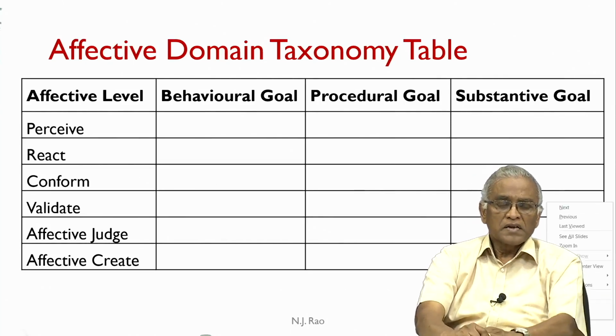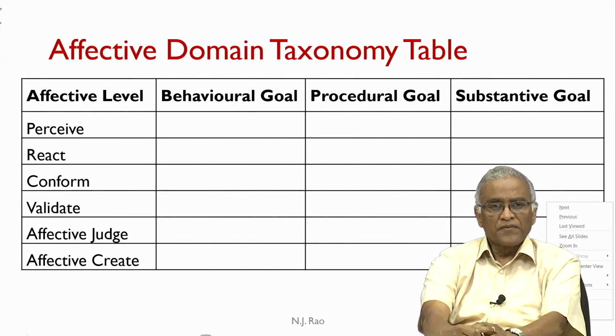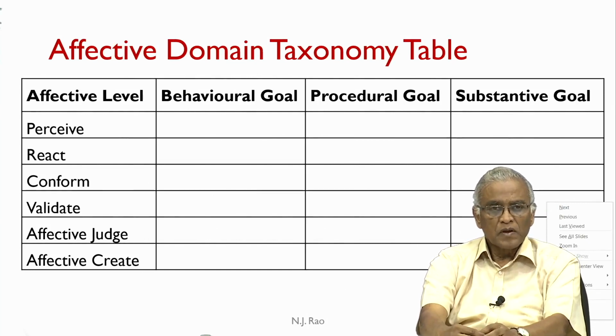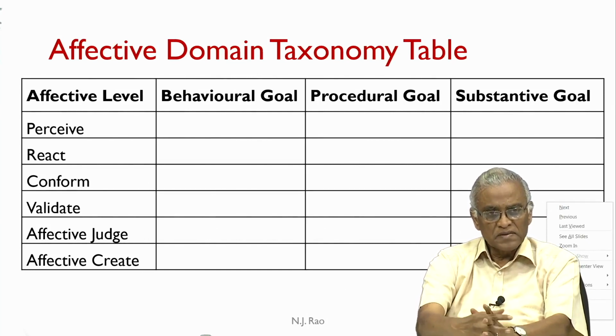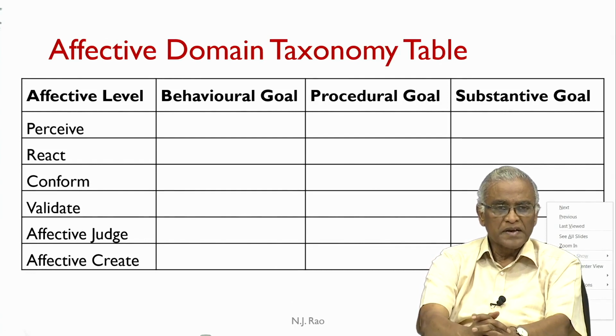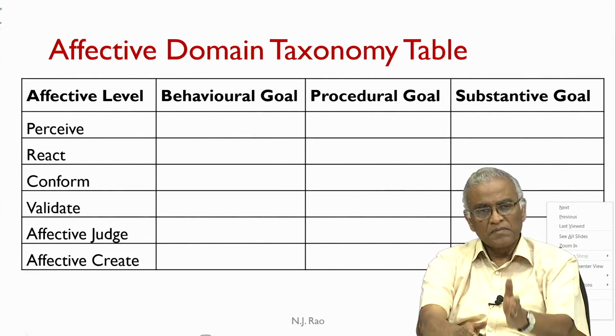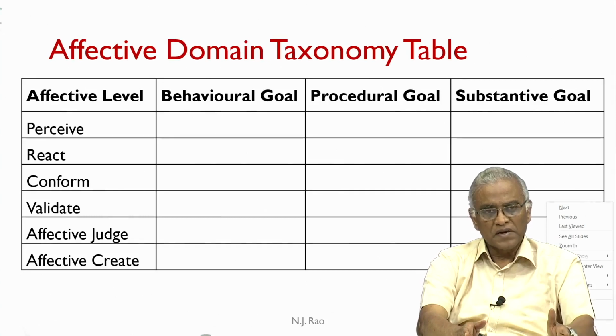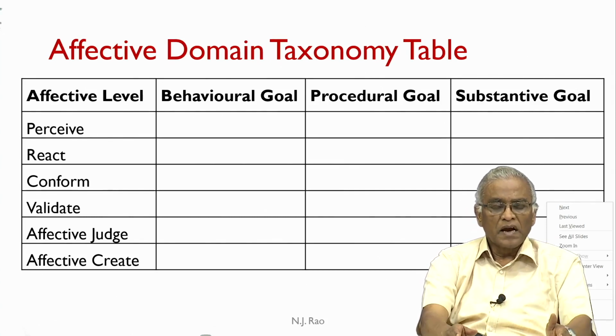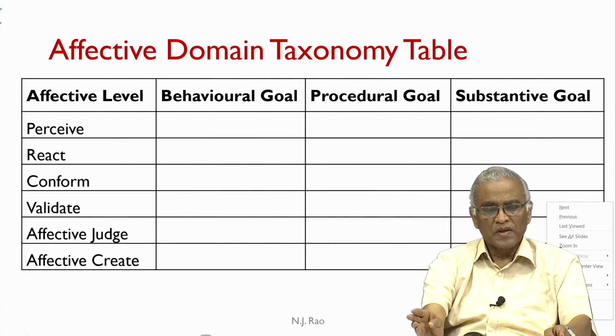We have another type of taxonomy table for the affective domain. So, you have affective levels, we call them perceive, react, conform, validate, affective judge and affective create. There is the same level of hierarchy that we had with the cognitive domain, and here there are 3 levels of goals: behavioral goal, procedural goal and substantive goal.